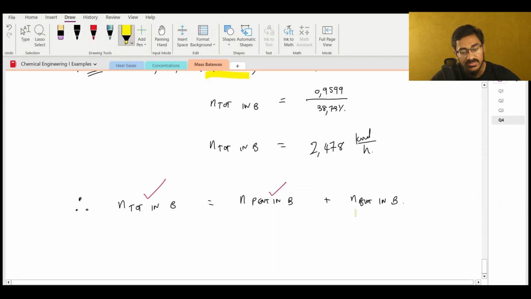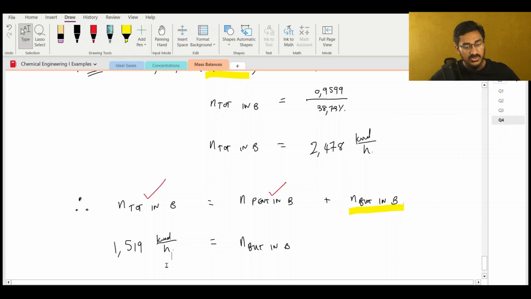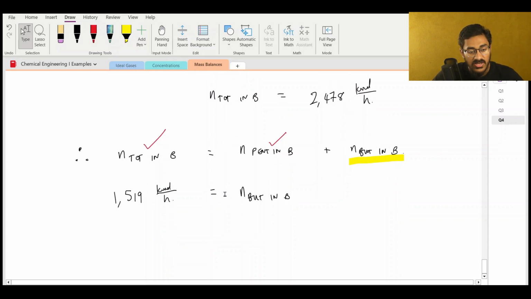So the only unknown is the number of moles of butane in B. So the number of moles of butane in B is going to equal 1.519 kilomoles per hour. I just want to take a second and double check that that's right. Yeah, 1.518, 1.519, close enough. Okay, so I know the number of moles of butane in B.